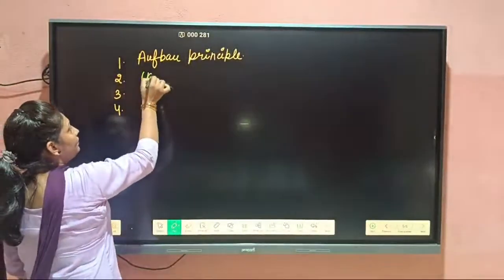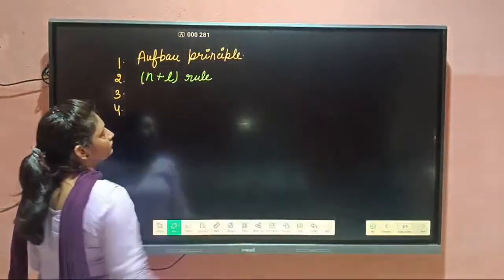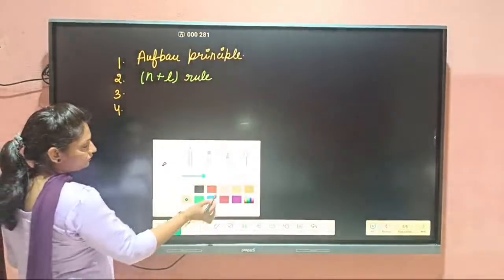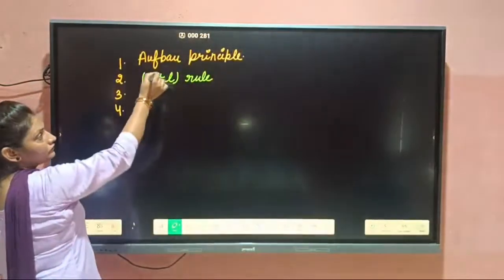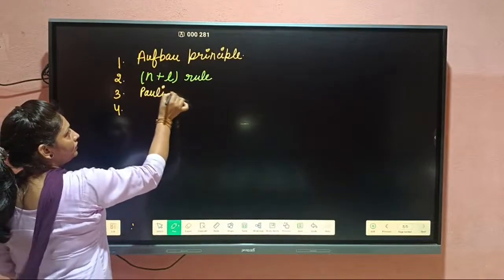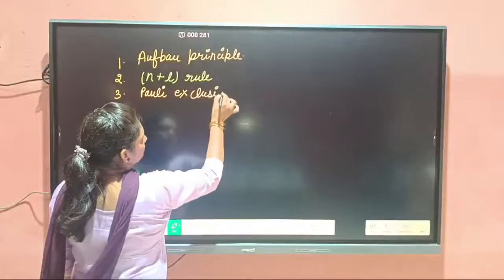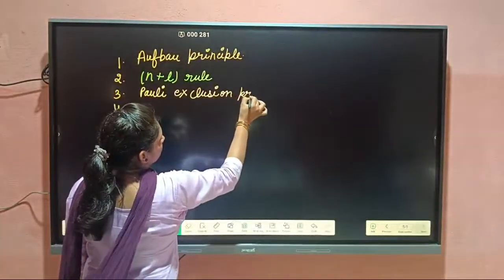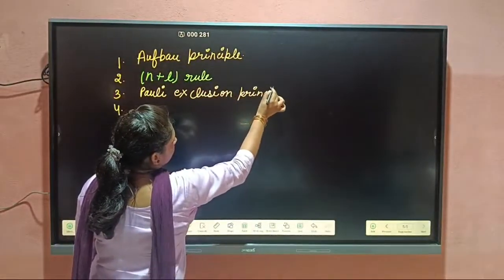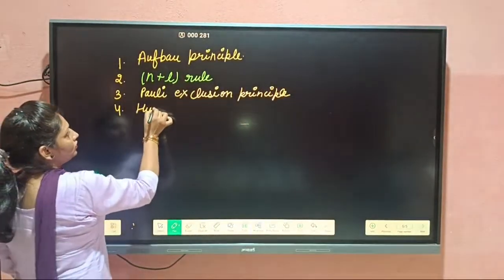Second one is the n plus l rule. Third one is the Pauli exclusion principle. And fourth one is Hund's rule.